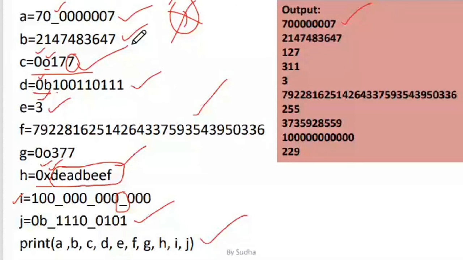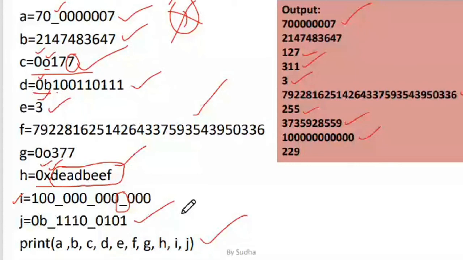This is an octal number converted to decimal, and this is binary converted to decimal, and this is a decimal on its own, and this is a very long integer, and this is again octal converted to decimal, and this is hex converted to decimal, and this is simply an integer because I don't have a leading 0, so the underscores are ignored.